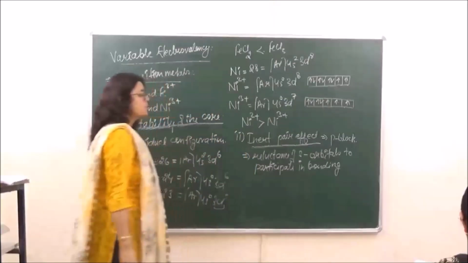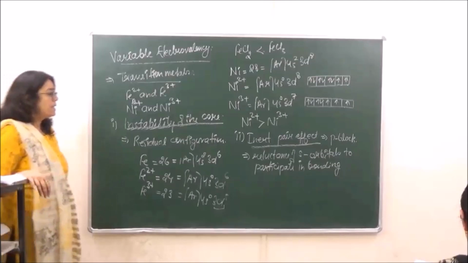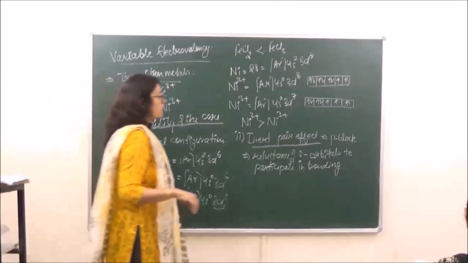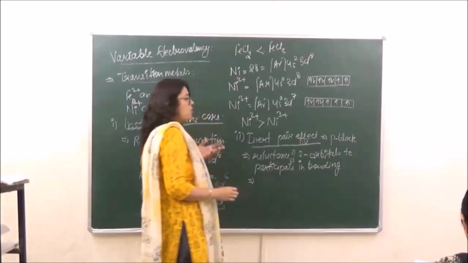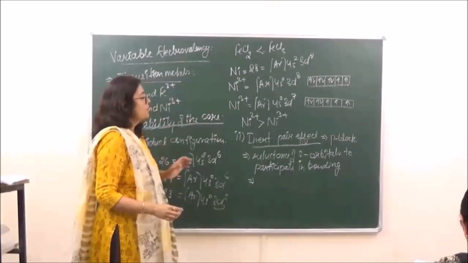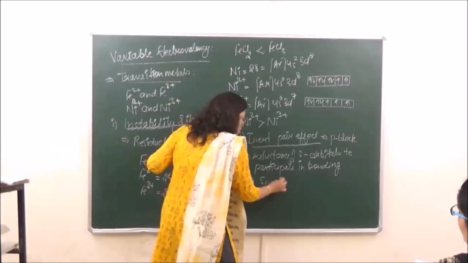Okay, it is the reluctance of s orbitals to participate in bonding, which means that if we are looking at, say, the electronic configuration of some higher element, say Sn, that belongs to group 14.